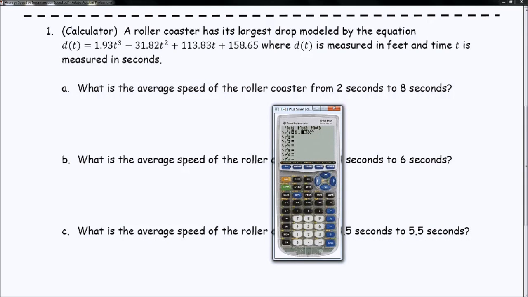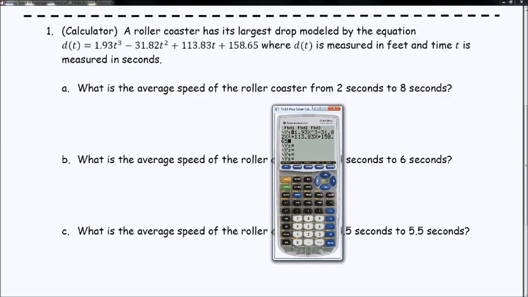Whoops, that's not what I wanted. 1.93 t to the third minus 31.82 t squared plus 113.83 t plus 158.65. I just want to make sure I have the right function.